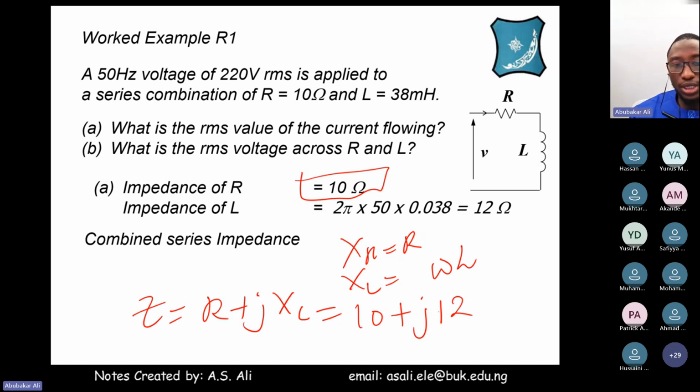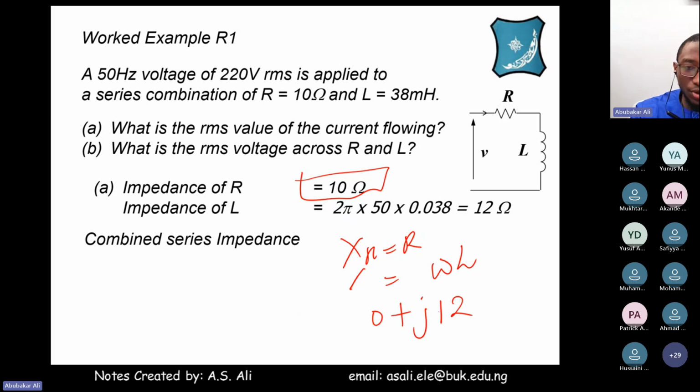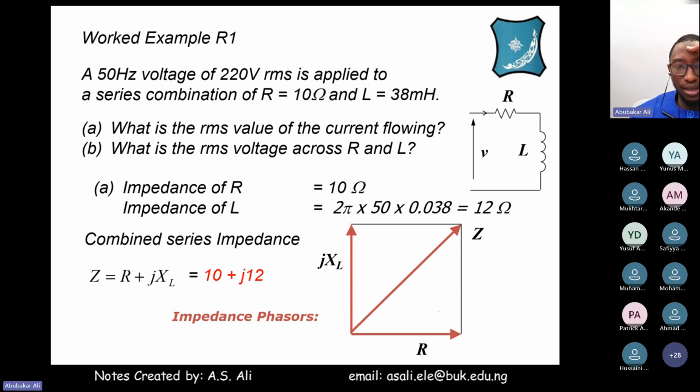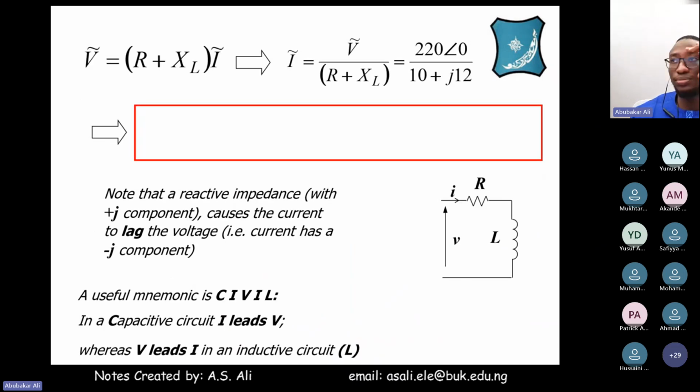Now that you know the total impedance and you know the V, remember Ohm's law. If you know resistor in a circuit, and you also know the voltage, you can find the current according to Ohm's law. Okay? So this is what we are saying. For this circuit, if you are to draw the phasor diagram, the R is in the horizontal x-axis, and then the XL is in the vertical axis, whereas the resultant is across the center.